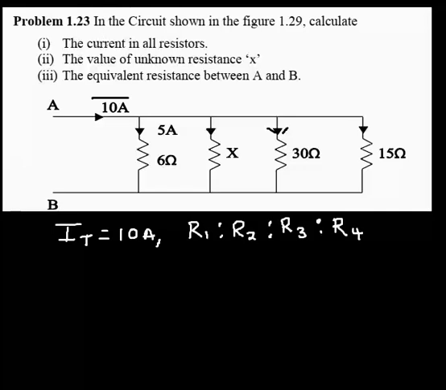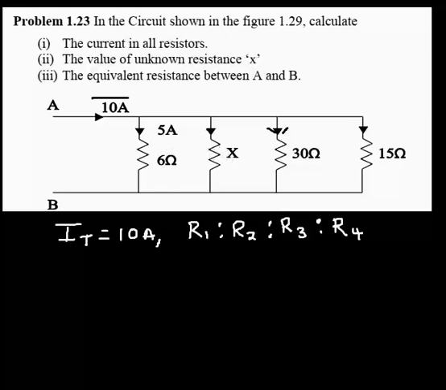Because first off, there's some unknown resistance here, which of course is X. All right, I have an unknown resistance, which is X. So the very first thing I need to do is to find this resistance X.